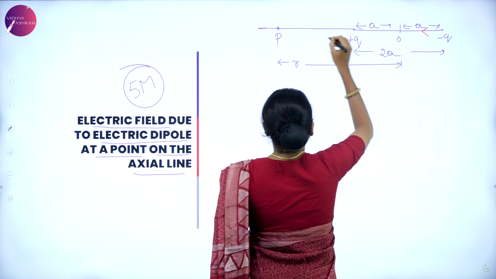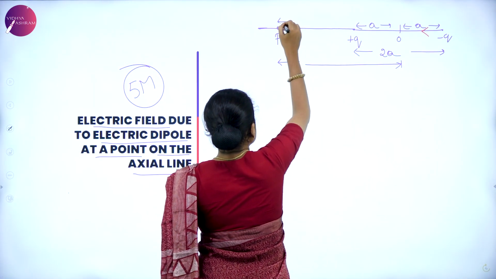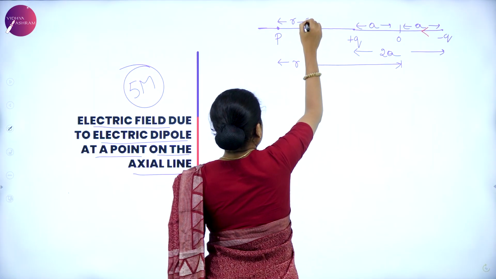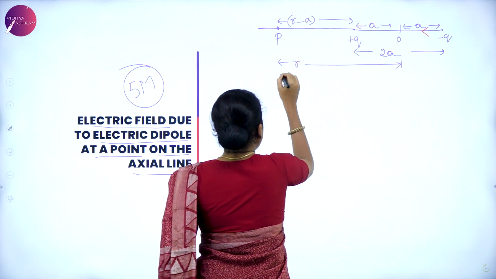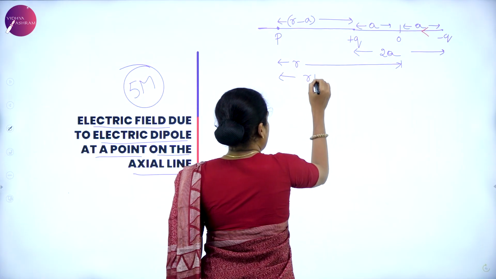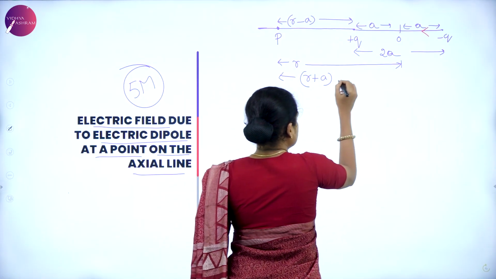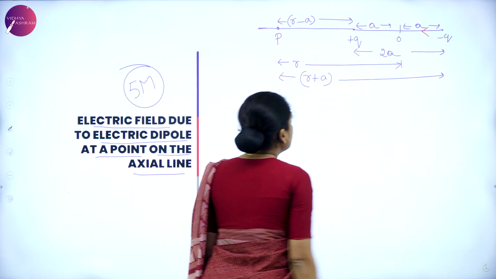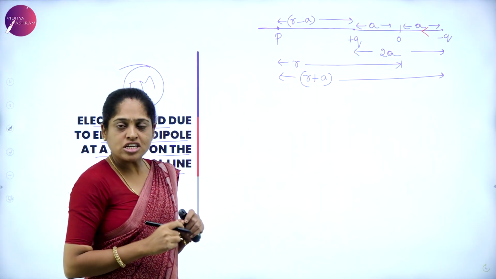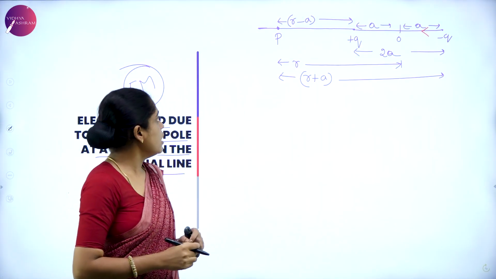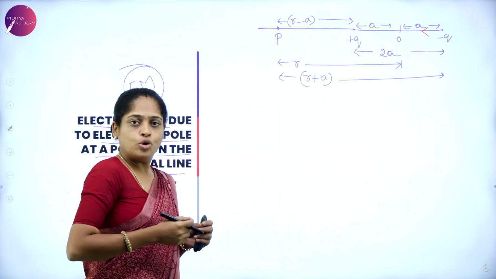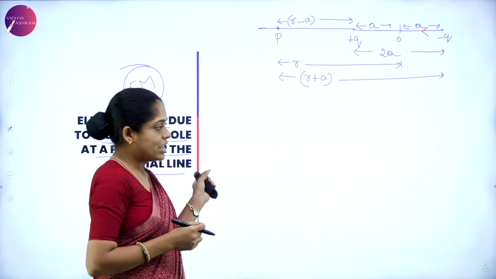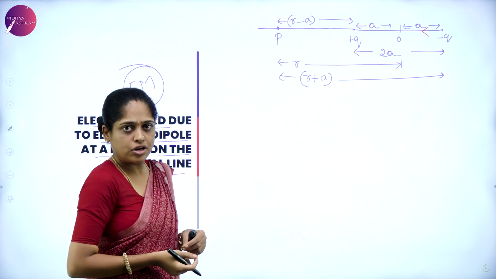Then the same point is at a distance r minus a from plus Q charge and r plus a from minus Q charge. To find the electric field strength at point P, we need to consider the individual charges. Due to that, what is the direction and its magnitude?